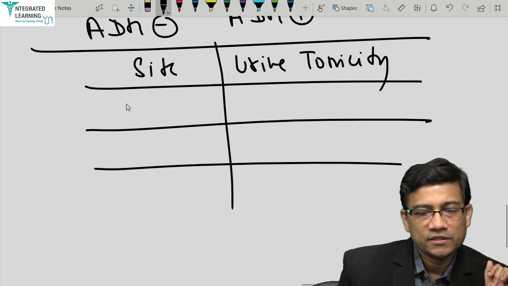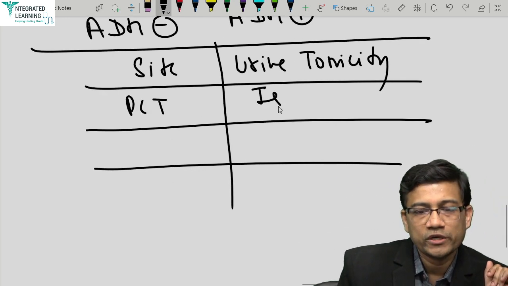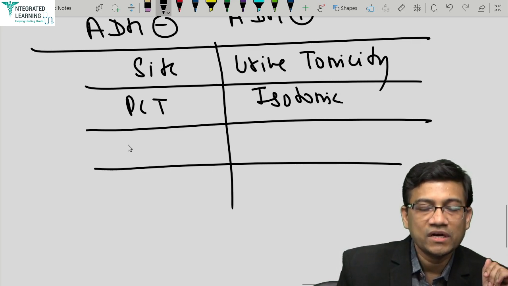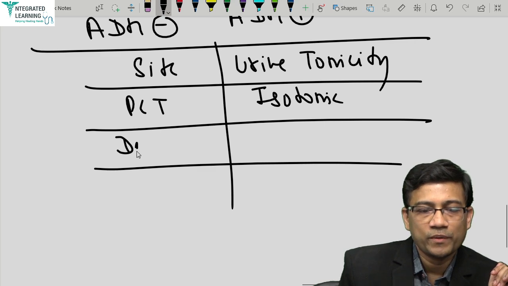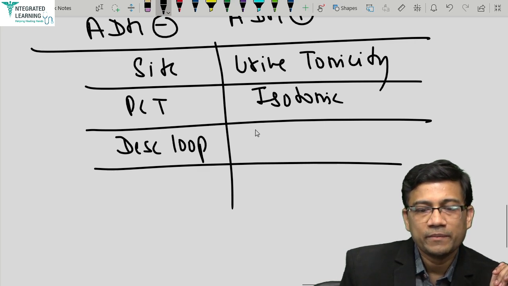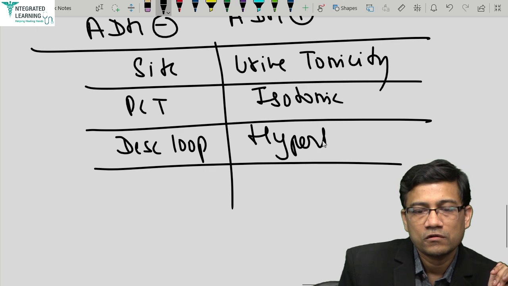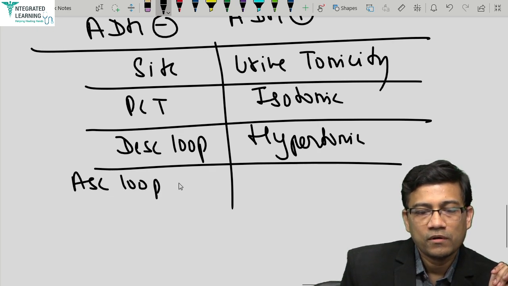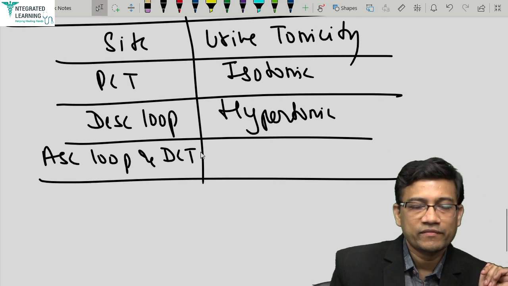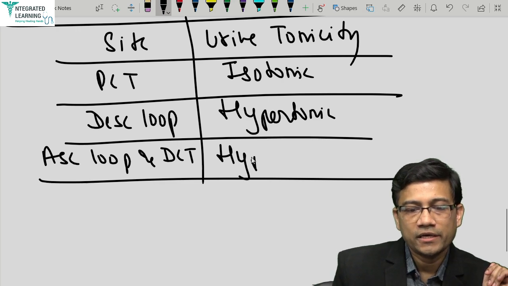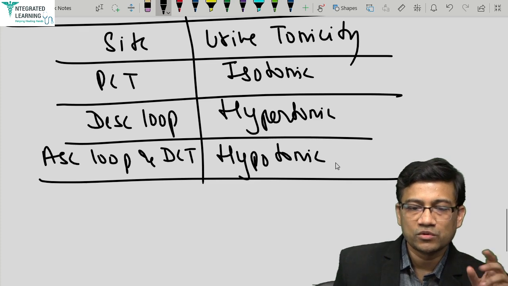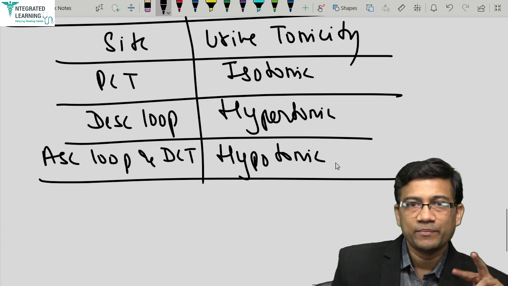So first is PCT, we know isotonic urine. Then which area? Yes, we have the descending loop, it drinks water, if you remember, that makes it hypertonic. Then ascending loop and DCT, what is the value? Hypotonic. Why?